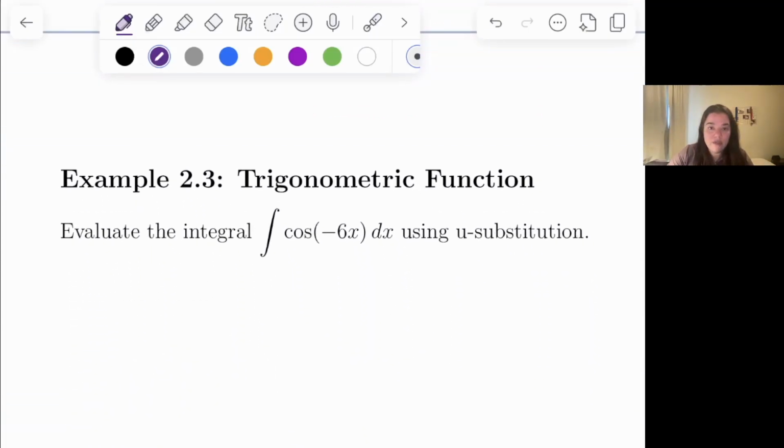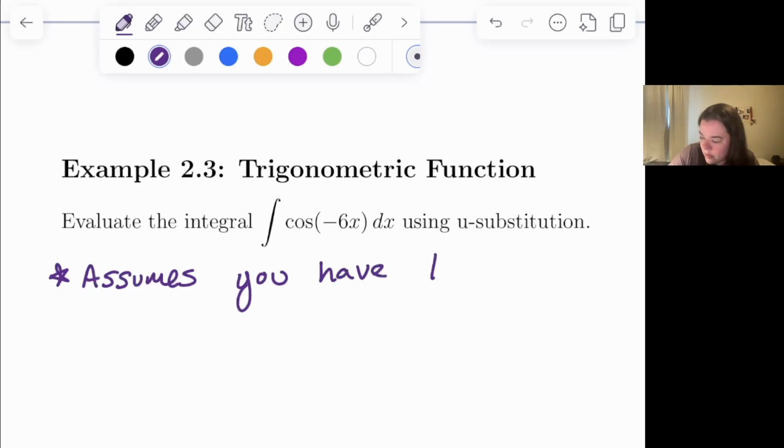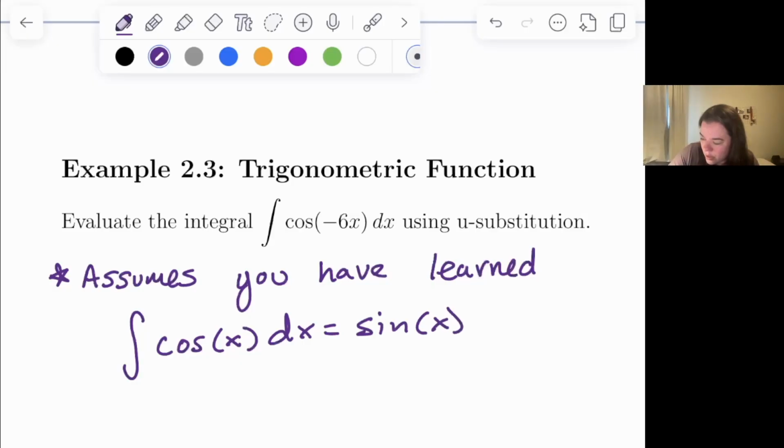So let's get a trig function in there. Again, this example assumes you have learned that the antiderivative of cosine of x dx is equal to sine of x plus c.